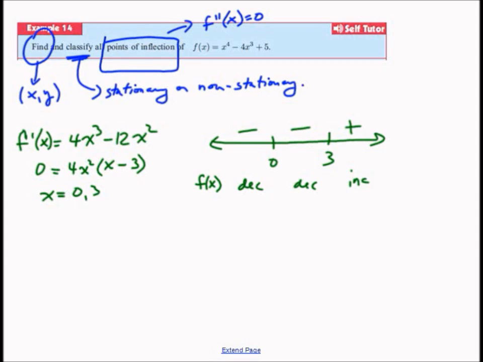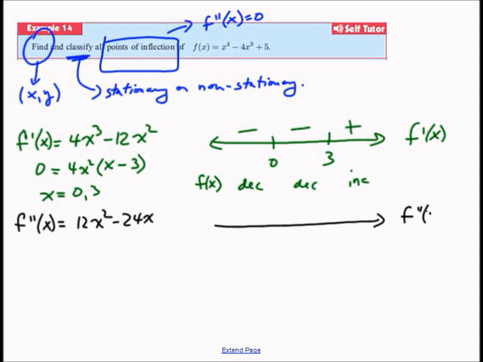All right, let's look at the second derivative. 12x squared subtract 24x. And let's draw a sign diagram of it. So this one was the first derivative sign diagram. Sign diagram of the second derivative.